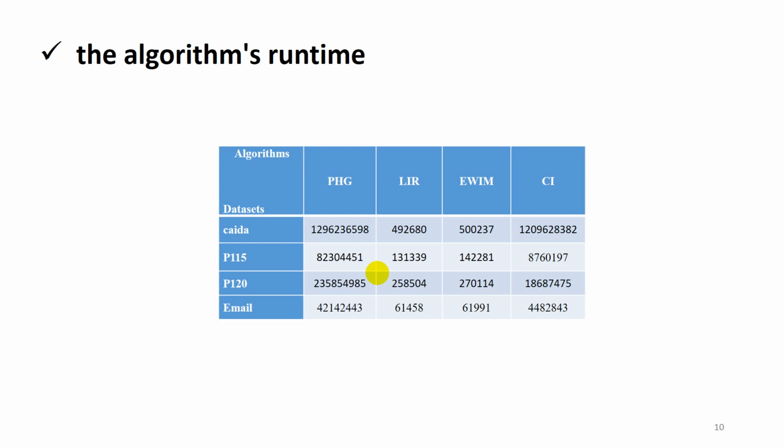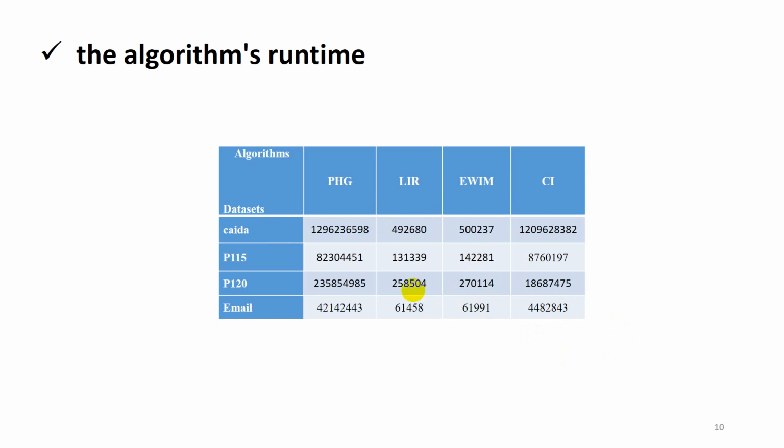As demonstrated in the table, the execution time of CI and PHG is very high, but the LIR and EWIM execution time is much lower, as you can see here.